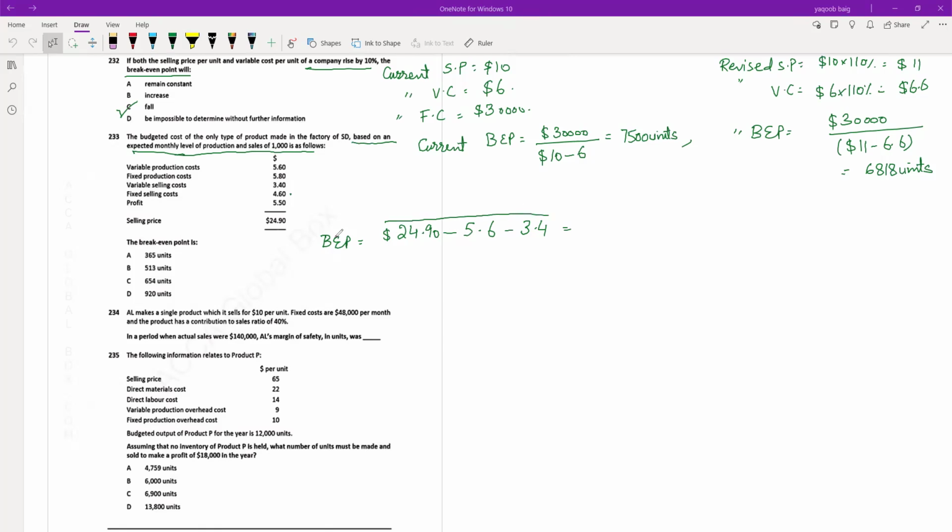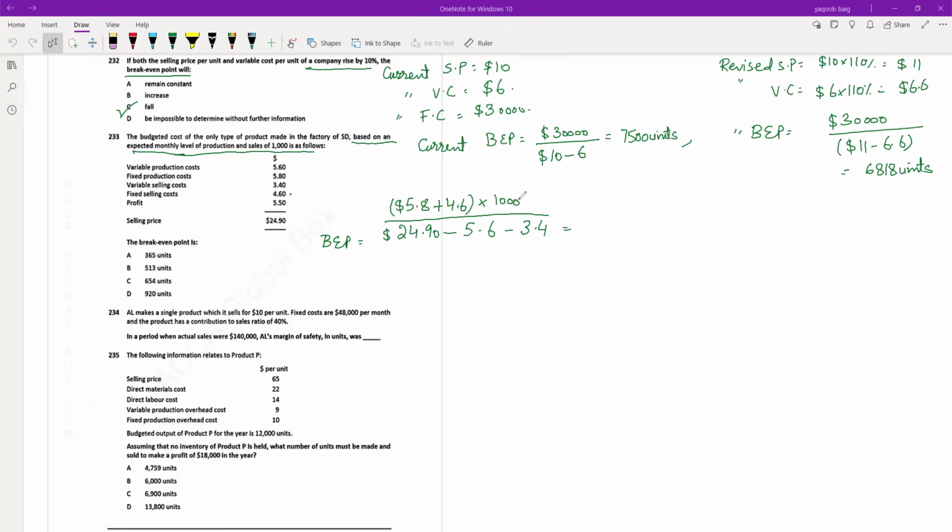So we are also going to calculate fixed cost on the activity level of 1000. Fixed production is 5.8. We have the same production and sales, so rather than multiply by 1000, we can add fixed selling cost over here with 5.8 plus 4.6, and this whole is multiplied by 1000.